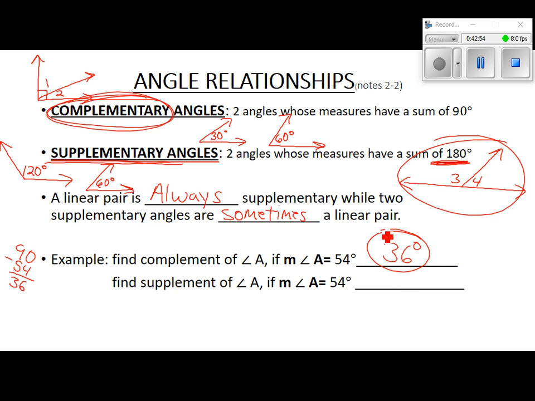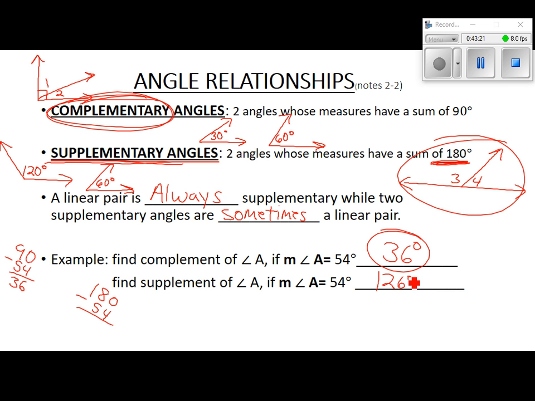How would you find the supplement of angle A if it's 54? So do 180 minus 54. 126. Everybody agree with that? So if you're just trying to find the complement or the supplement of an angle, it's that easy. You just subtract from 90 or subtract from 180. What if they don't give you the measure?